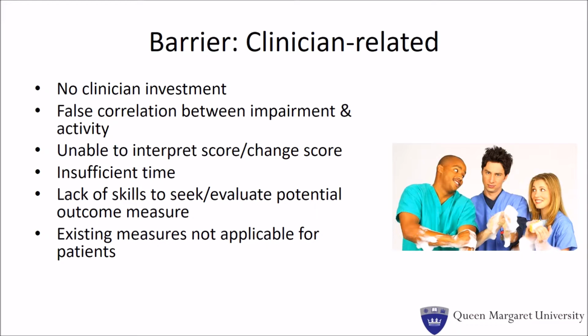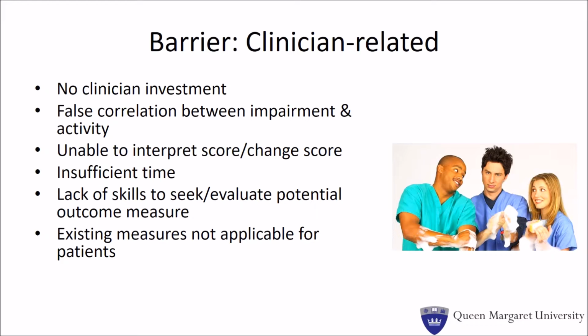Now, there are many things that can obstruct and form a barrier into implementation of outcome measures. Clinician could be yourself, or you could be your colleagues, and a lot of time it could be due to the lack of understanding of what is being asked of them.